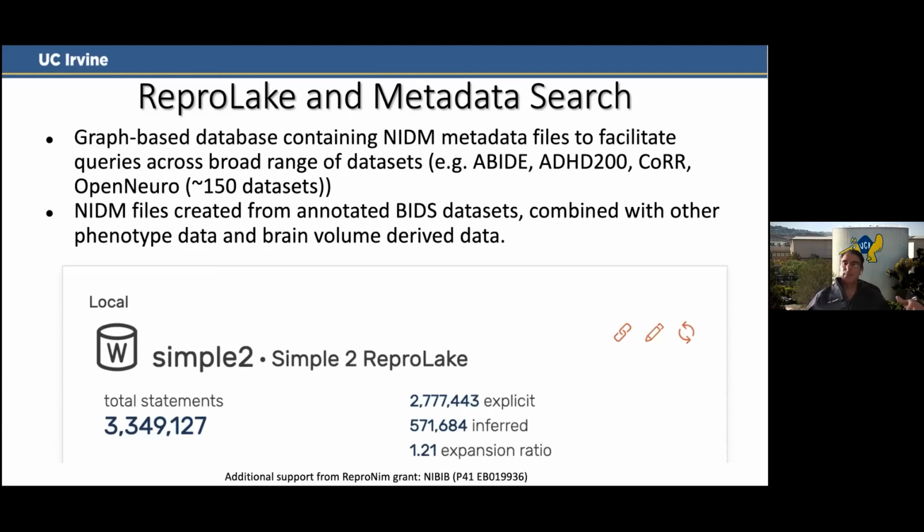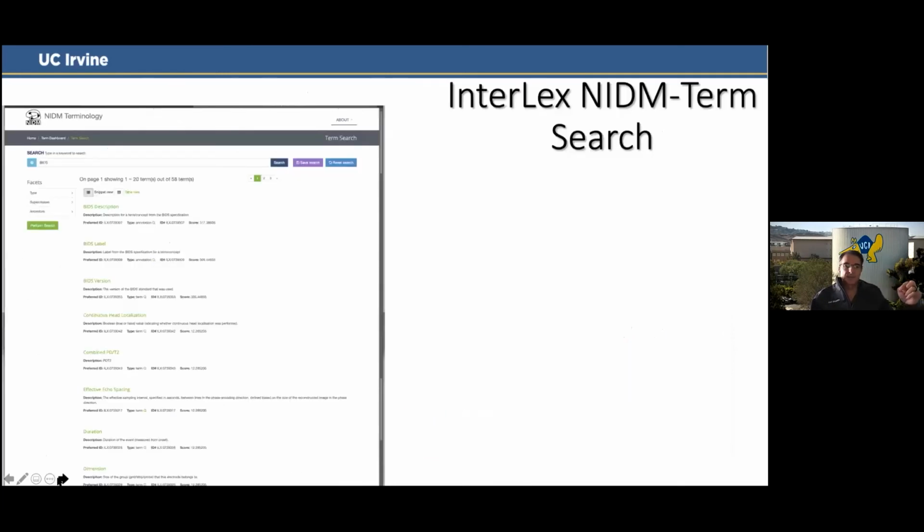Because these NIDM files have links out to the actual data files, you could presumably build a workflow engine that can take the results of these queries and, depending on access restrictions and so forth, potentially go out and get data files and run some computation on them just from these metadata records.